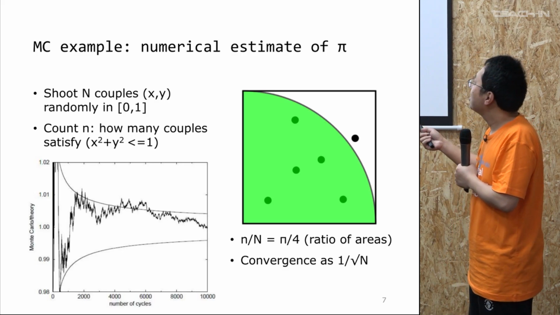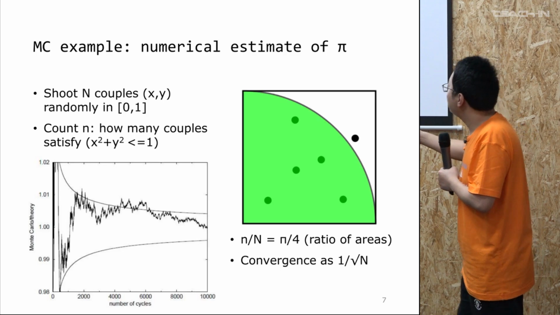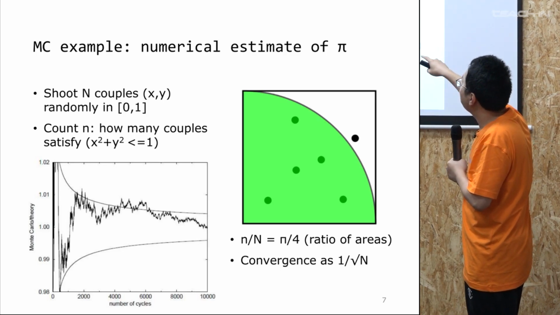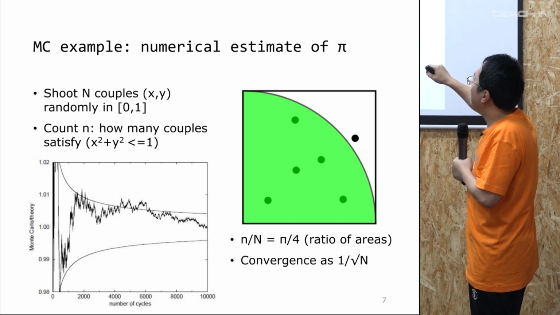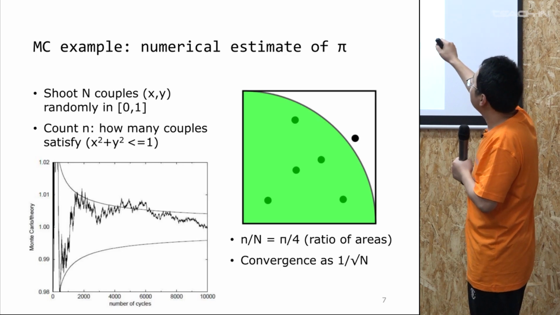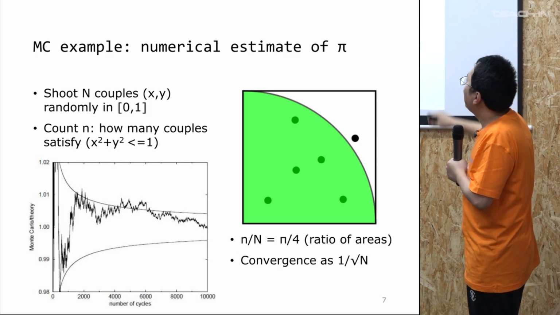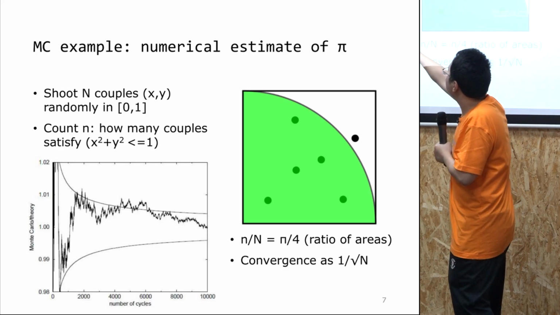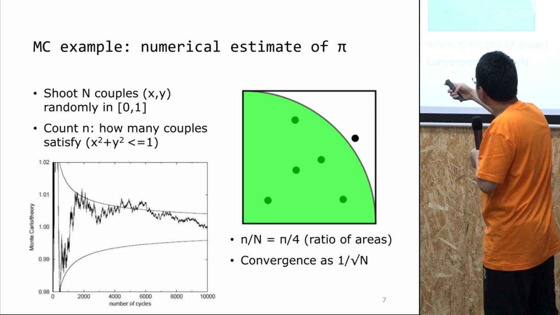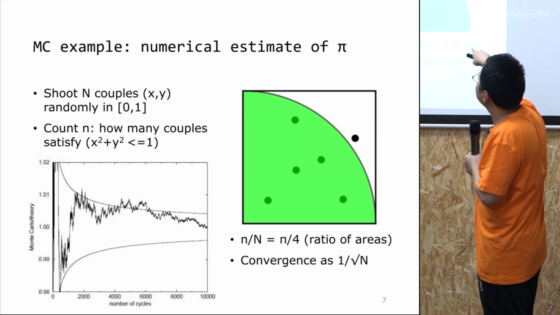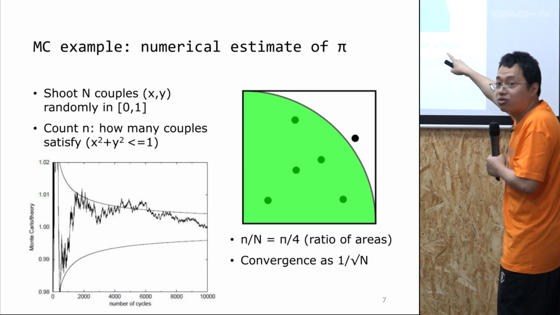The idea is very simple. First, you have this 1 times 1 square, and then we shoot points randomly in this area, and then we do a count. For this, we need to make sure the radius is less than 1, that means the green area.